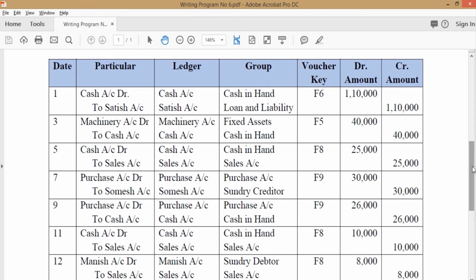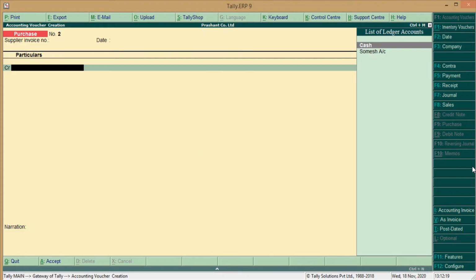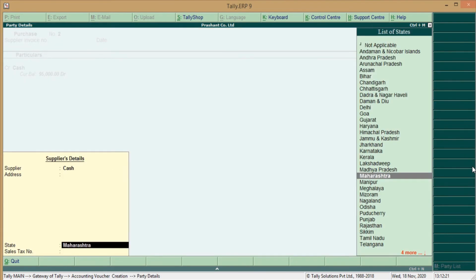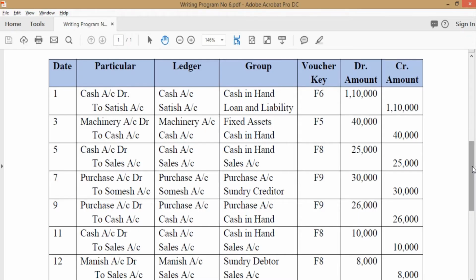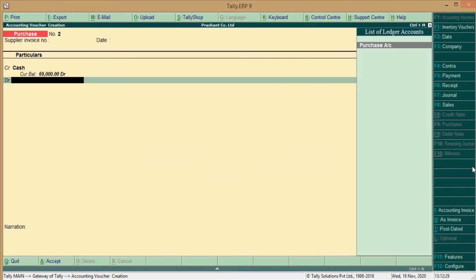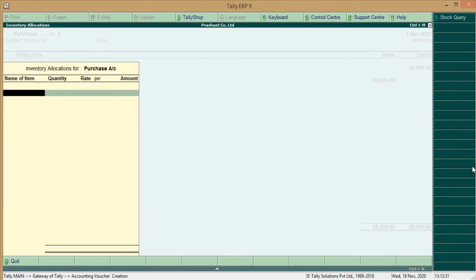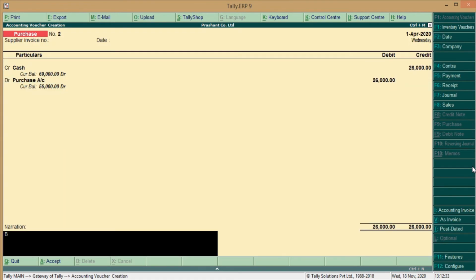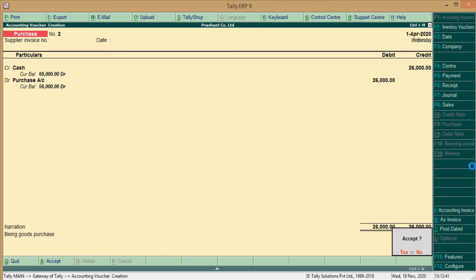The cash account should be credited. So cash account, amount 26,000. Debit purchase account 26,000, being goods purchase.